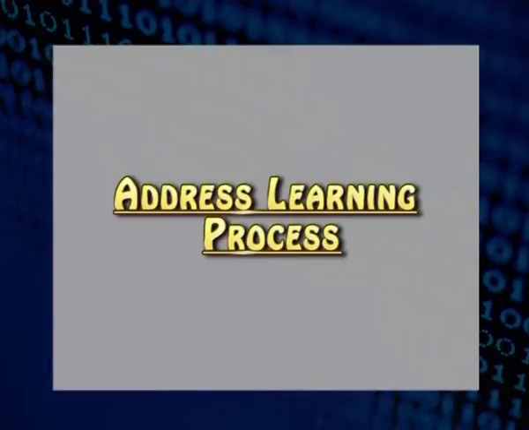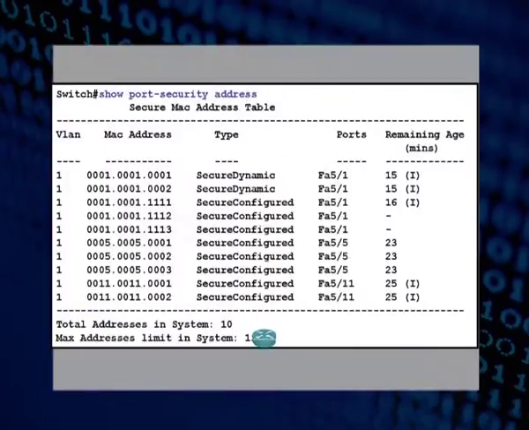Address learning process. In the address table of the switch, one entry is composed of one MAC address and the resident switch port number. The address table is generated through dynamic self-learning, namely, when the switch receives a frame, the source address and the input port are recorded in the switching address table.